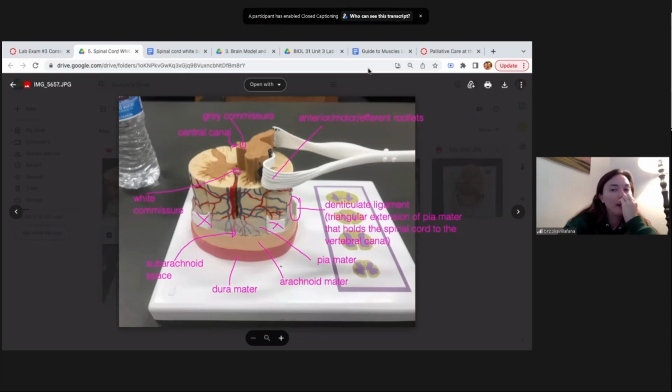All right, so we have about 10 minutes left. Do you guys want to go over the brain model now, or do you want to do the brain model next week on Monday?